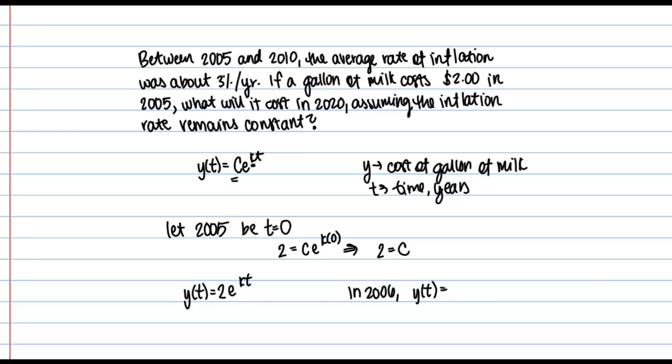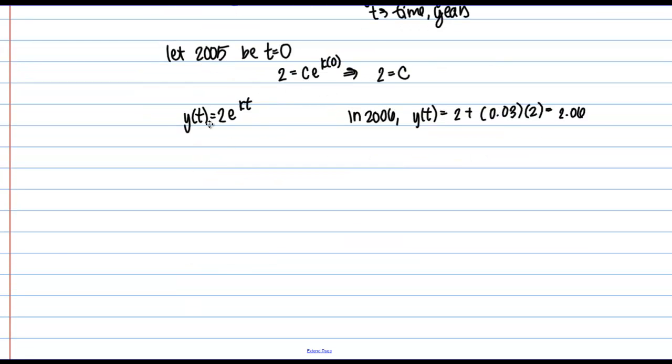Okay, so then that means the milk should cost $2 plus whatever 3% of $2 is. So if you work that out, that should give you $2.06. Okay, so now I have a point on my curve that I can plug in here. So we know that the cost is $2.06, and that's after 1 year, right? That was in 2006.